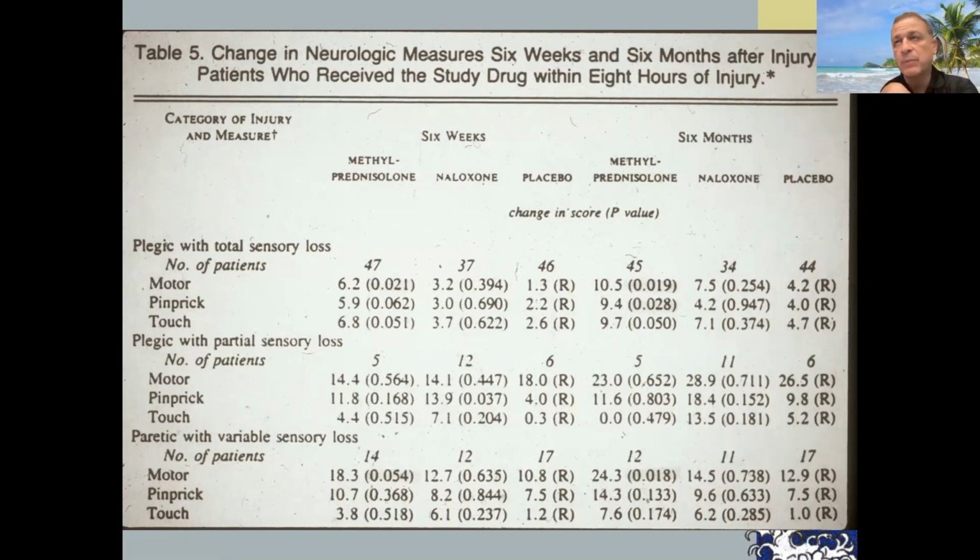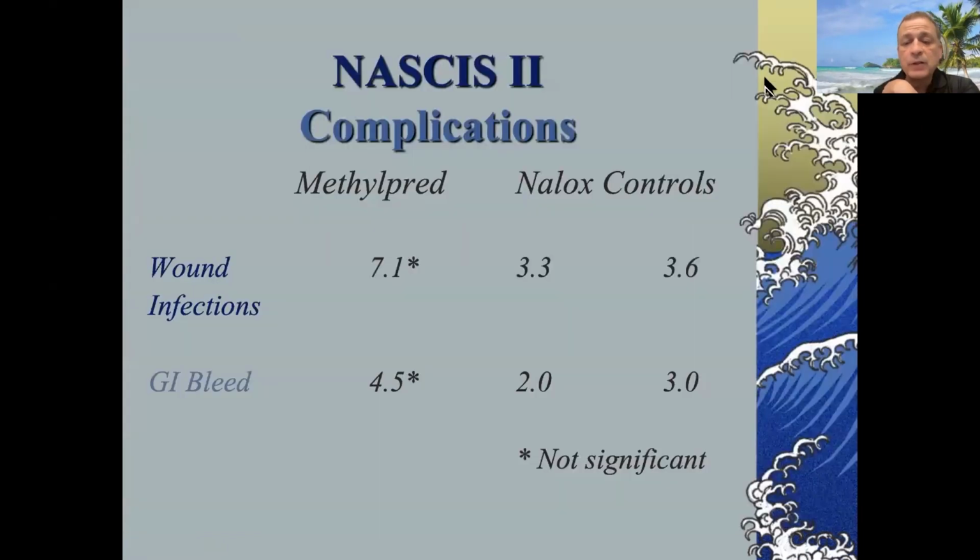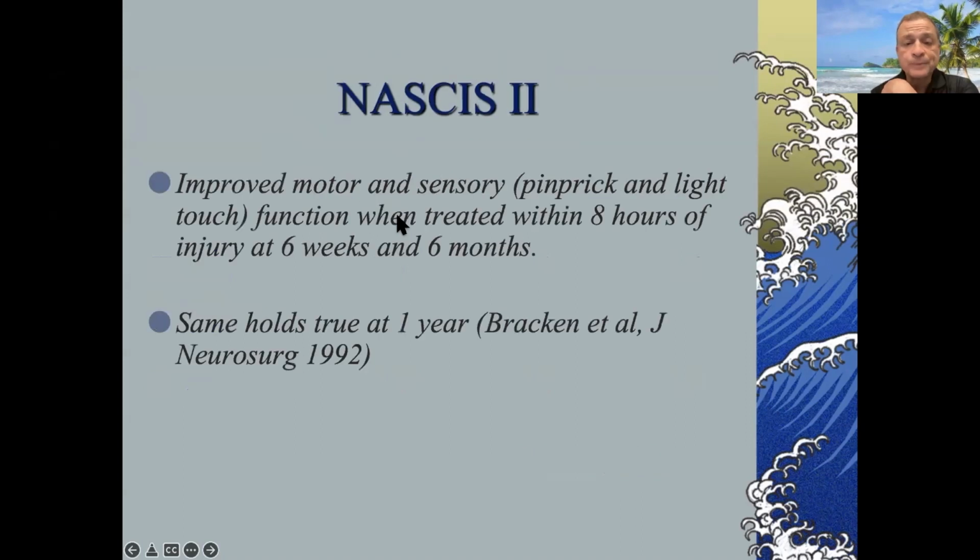They had to do a subgroup analysis of those who got treated less than 8 hours. And then these are the complications, which when you look grossly are not insignificant. Such things like wound infection, GI bleed, not significant, but you can see there seem to be considerably higher in the methylprednisolone group than in the controls.